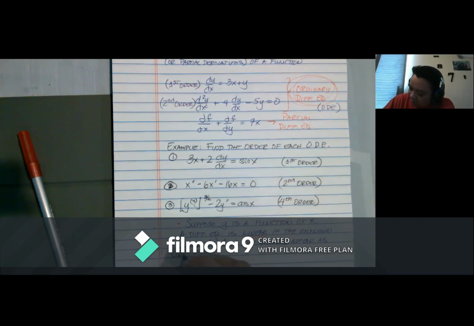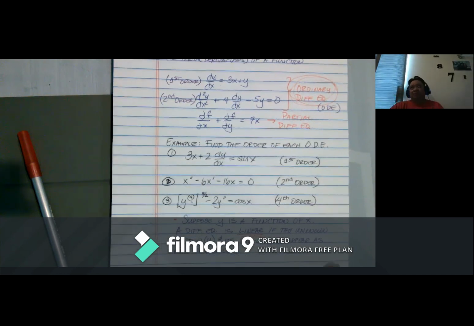I should say linear expressions. And so remember, linear expressions can only be multiplied by a constant, right? That's it. So your focus is whatever your unknown variable is, and its derivatives, you want to make sure that each one of those has a linear expression associated with it.